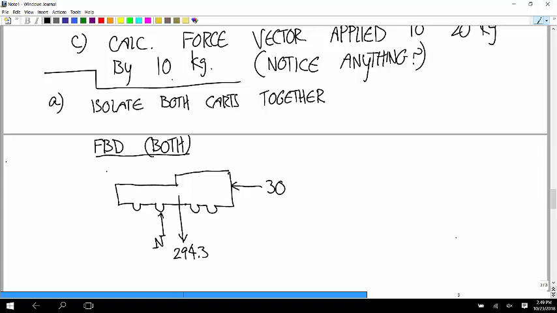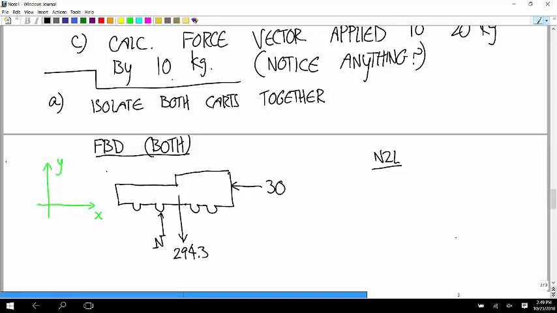So now we've drawn the free body diagram. Now we can write Newton's second law. And let's say we're using a coordinate system like this. So that normal force is in the positive y direction.